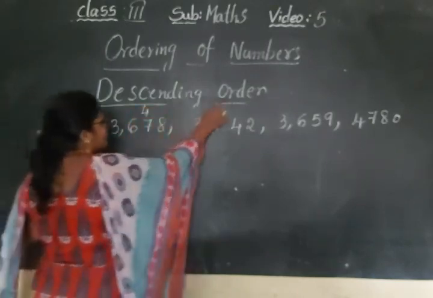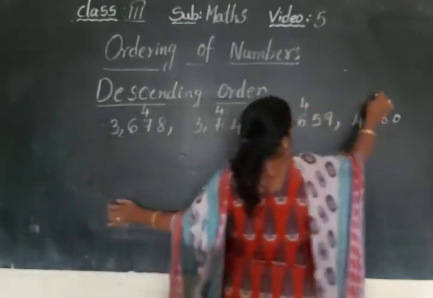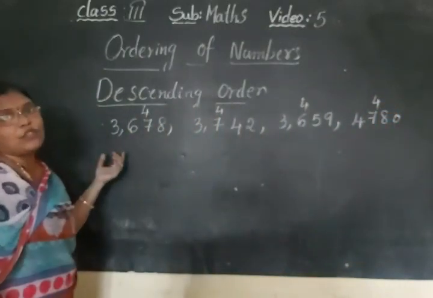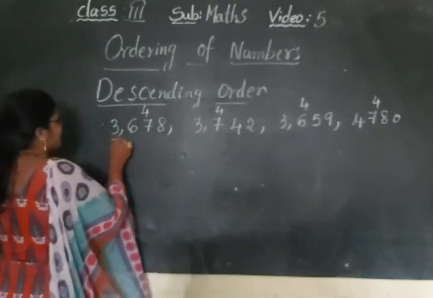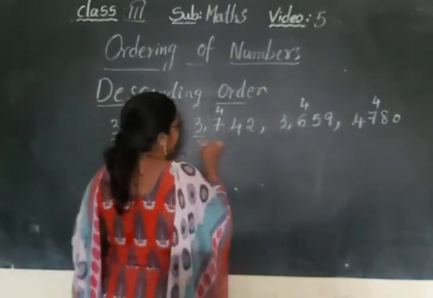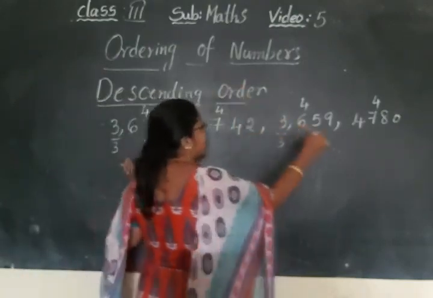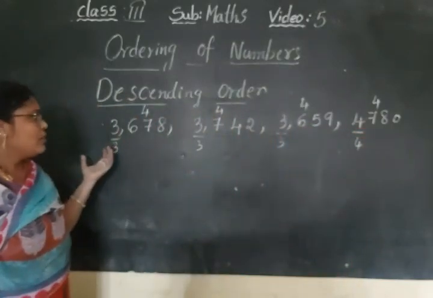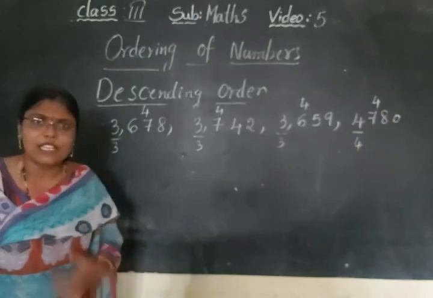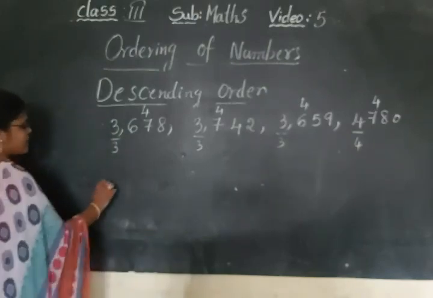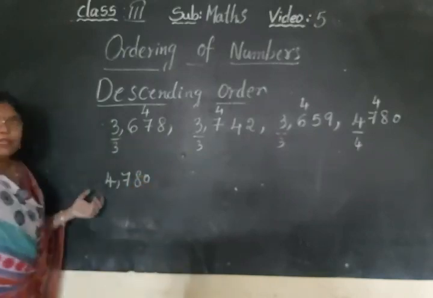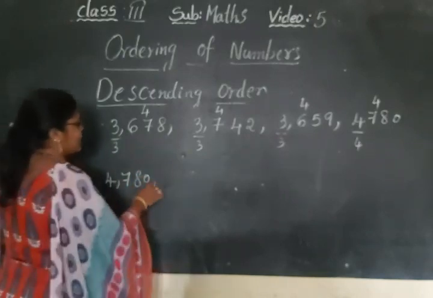All the numbers have 4 digits. Now, what do you need to do? Compare the first digits. We have 3 here, 3 here, and again 3 here. And here we have 4. Anyway, 3 and 4, which is the biggest? 4. So write 4,780, which is the biggest number among all of these, first.